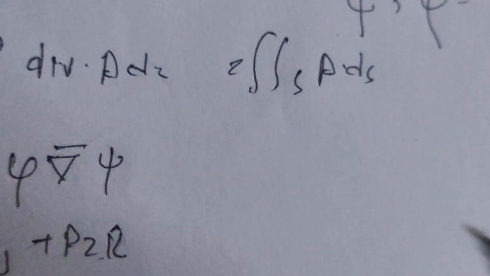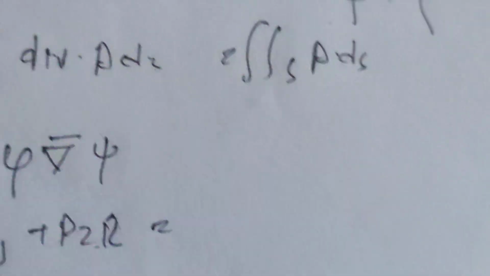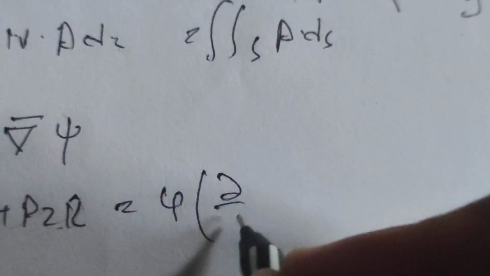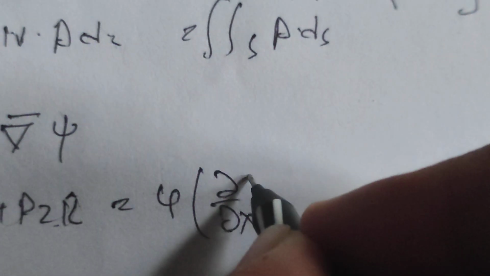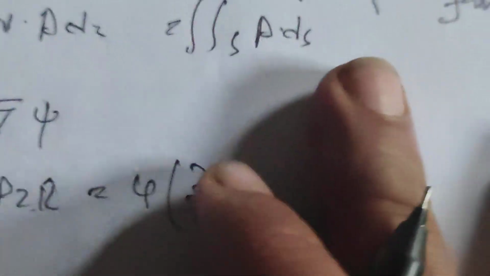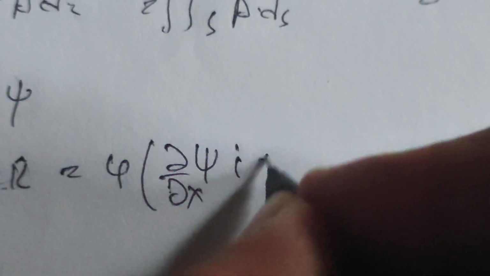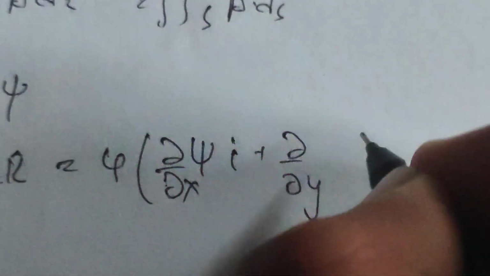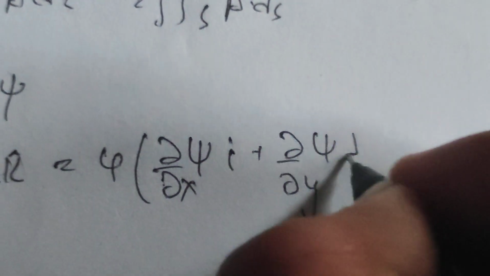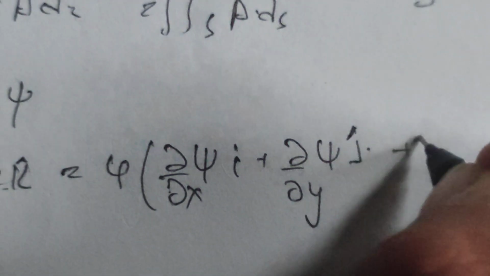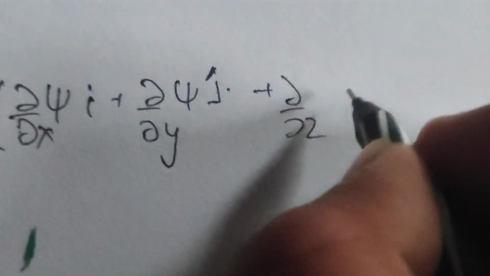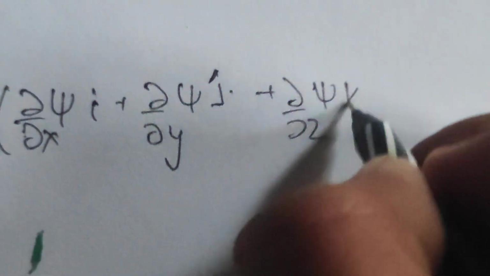So it becomes phi del psi by del x i cap plus phi del psi by del y j cap plus phi del psi by del z k cap.